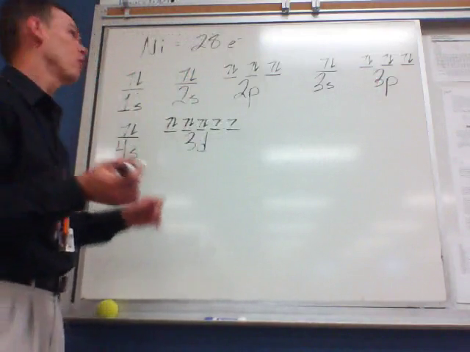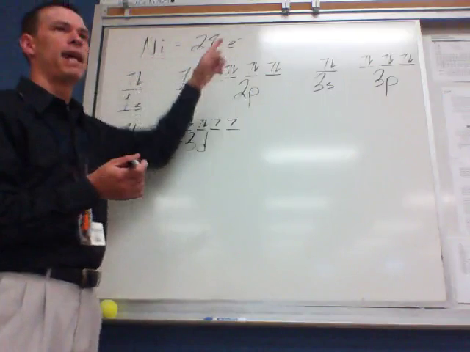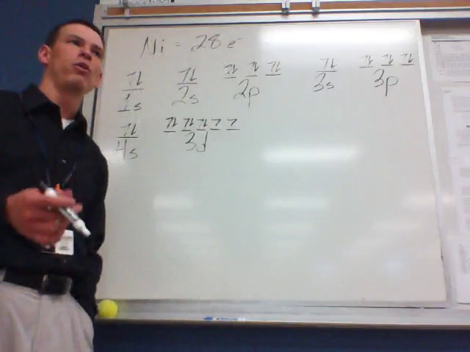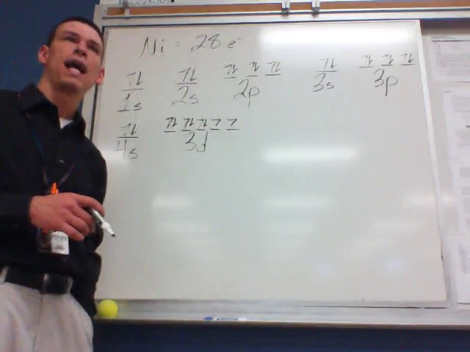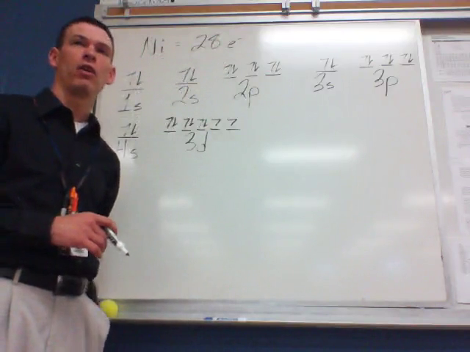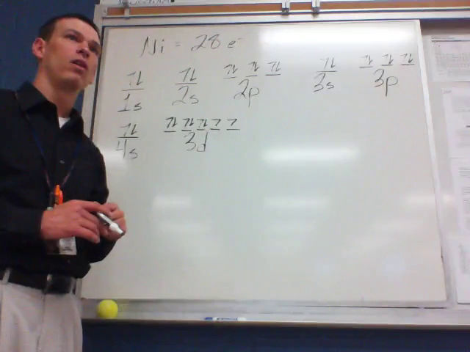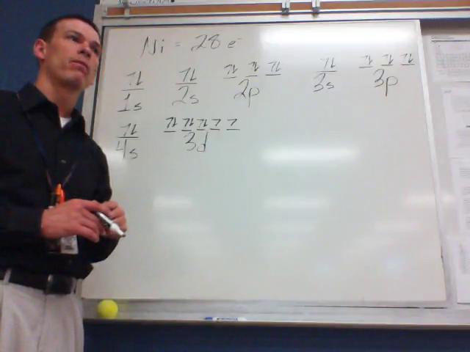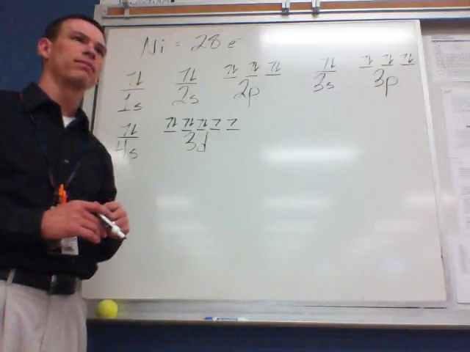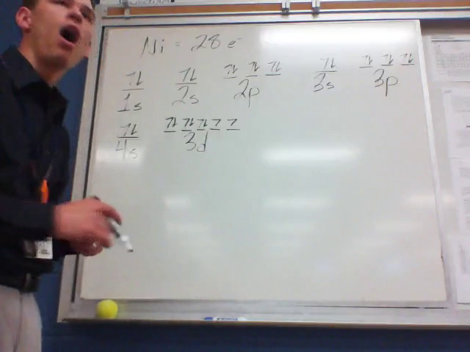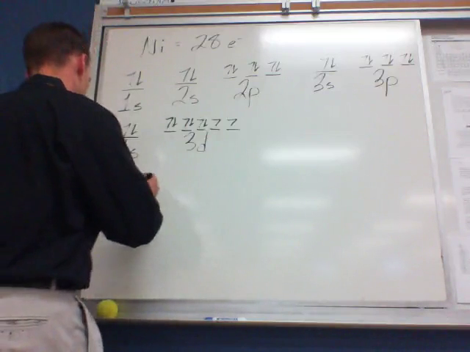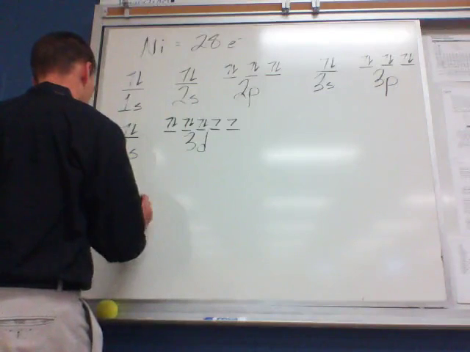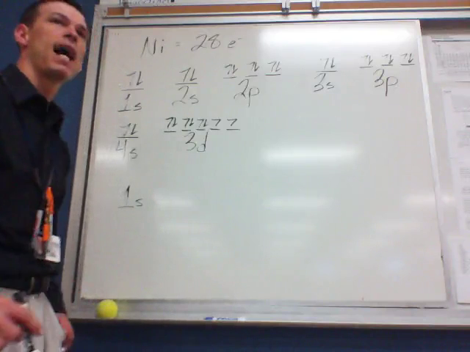Write along with me. First off, in your notes, put nickel equals 28 electrons, so that you can see what we're writing the electron configuration notation for. But watch how it's easier. Aufbau says that we always start with 1s, right? So there's my 1s.